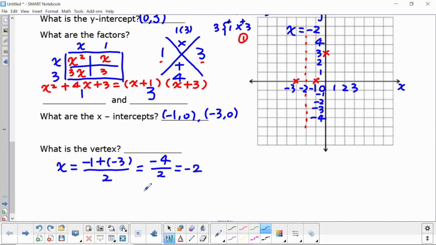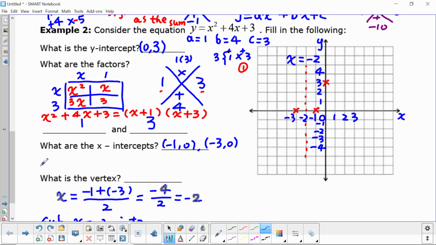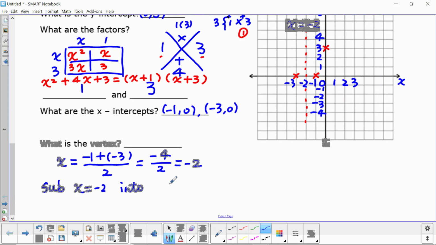Then after that, we want to find the vertex, we want to find the y value when x equals -2. We could substitute x equals -2 into the factored form or into the original equation. It's up to you. We are going to sub it into the factored form because this will be easier.